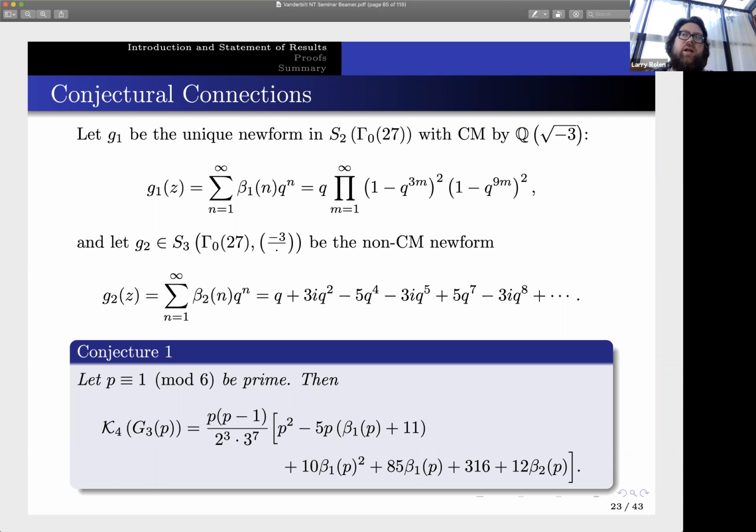If there is an interpretation, I don't know if it's more likely to be point counts of CM elliptic curves over finite fields, or the fact that these are eigenvalues of Hecke operators, and there are things involving Hecke operators and graphs. But it could just be a dimensionality connection.